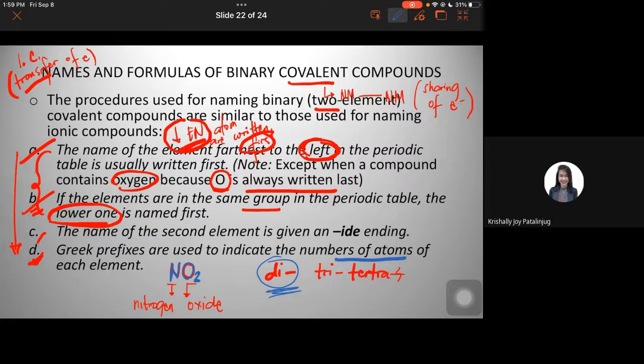Before writing oxide as the name of the second element, you use the prefix di to indicate that there are two oxygen atoms in this compound. So the final name would be nitrogen dioxide. So what are other Greek prefixes?